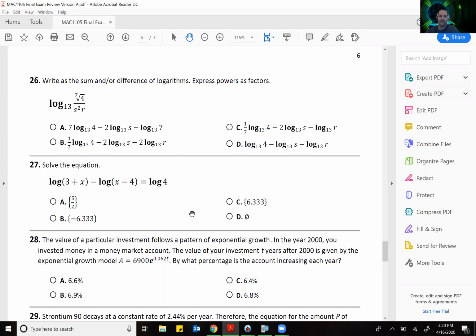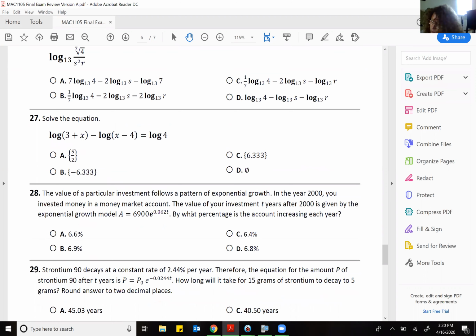All right. So number 27, all we're going to do is take it backwards. We just expanded. Now we're going to reverse it. So again, this is coming from 6.5. Oh, sorry. We're actually going to solve. Never mind. I thought we were condensing back down again.